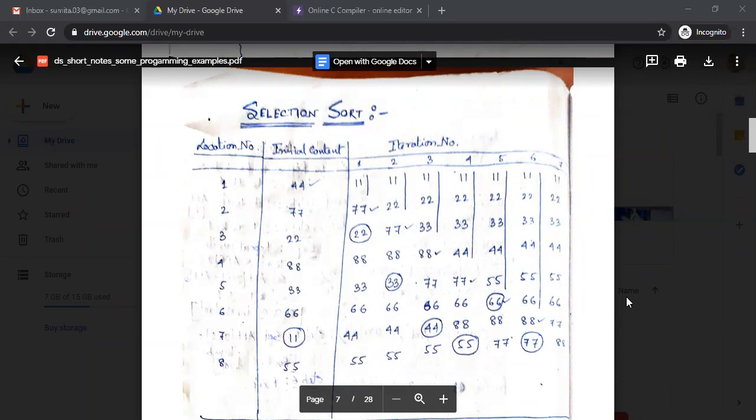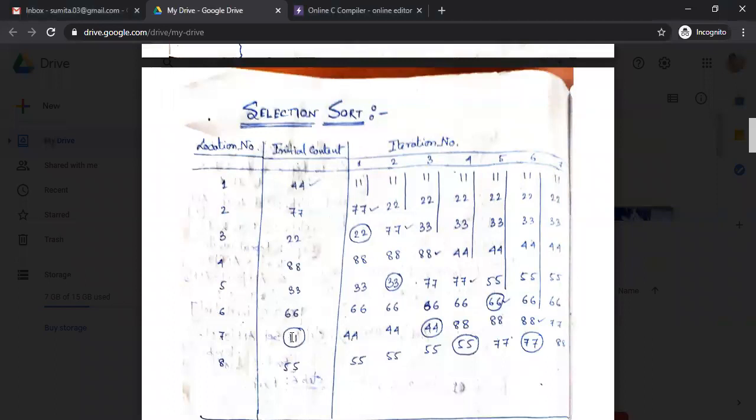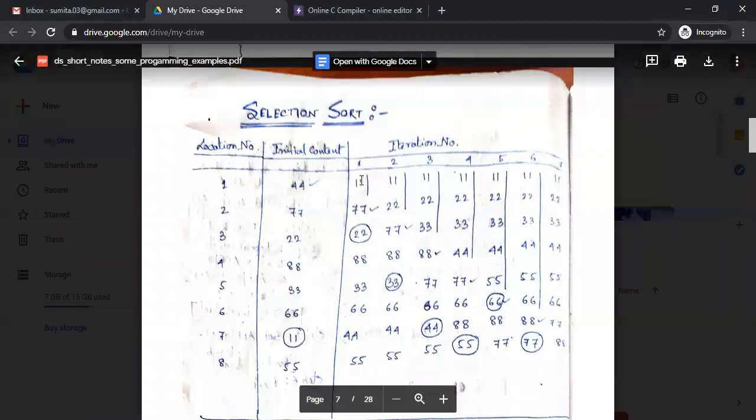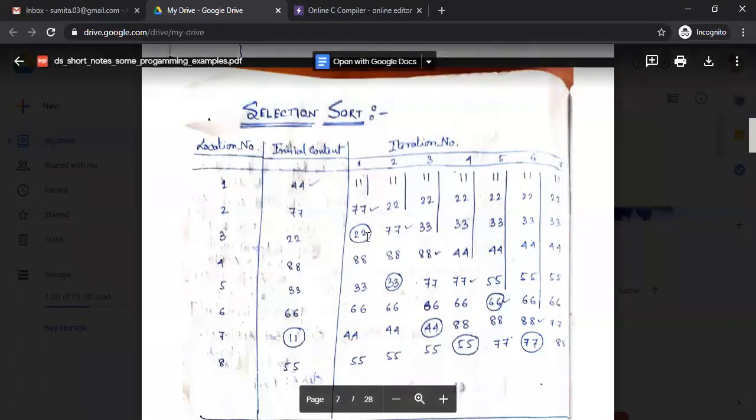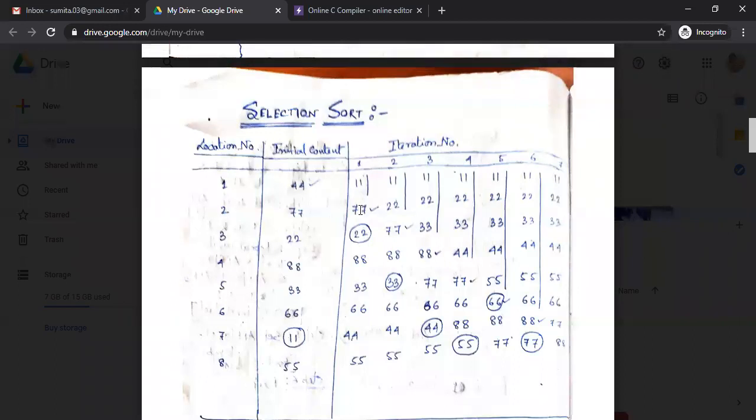In every iteration, see, in the first iteration, we take this one and find out the smallest one. So this one is arranged. Next iteration, we take this second value and find out the smallest one. Again, we interchange the values according to our requirement. If the assuming value is greater than the smallest value, then they will interchange with each other. So this is the procedure of selection sort.